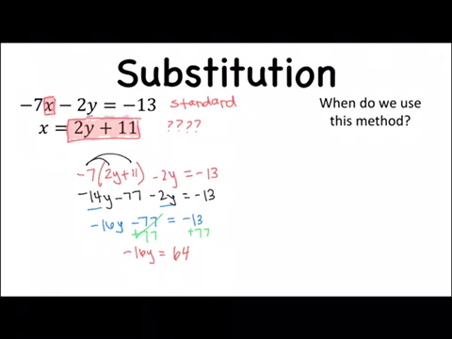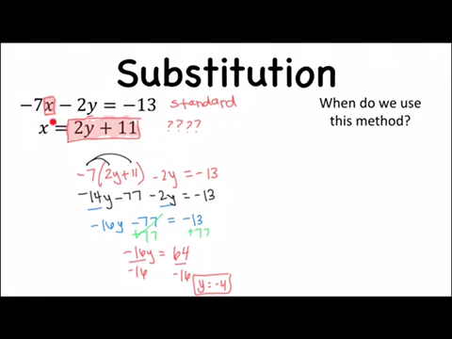And then divide negative 16 on both sides. And we get y equals negative 4. Now we're halfway done. We have the y value, but we still need the x. Same goes on the last question. The standard form equation you can plug into, but the one that's in this form is going to be easier because x is already alone.